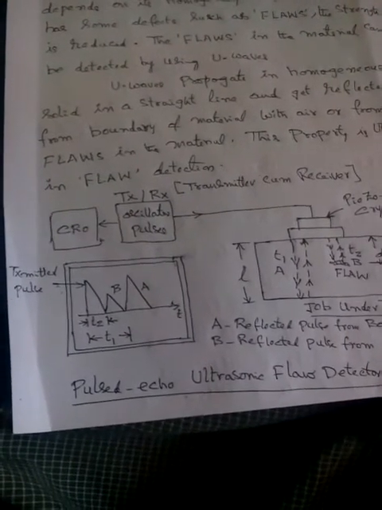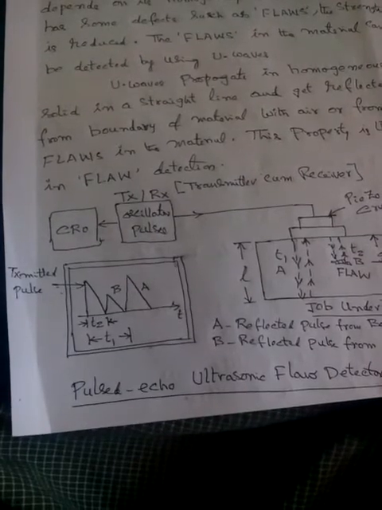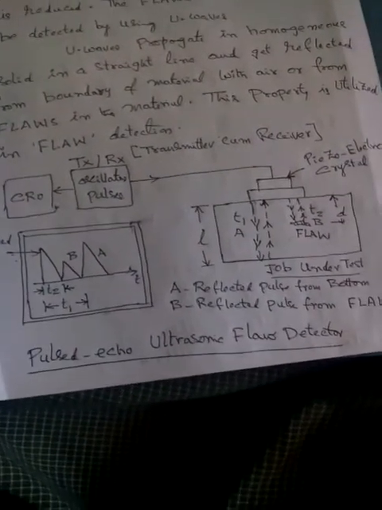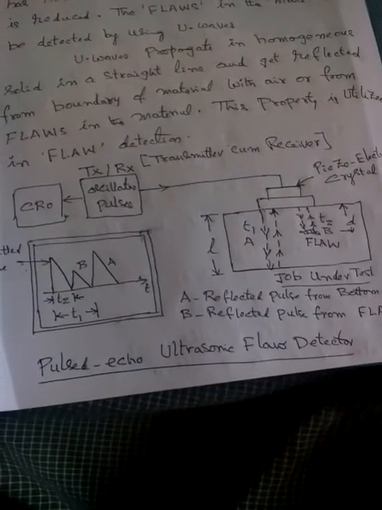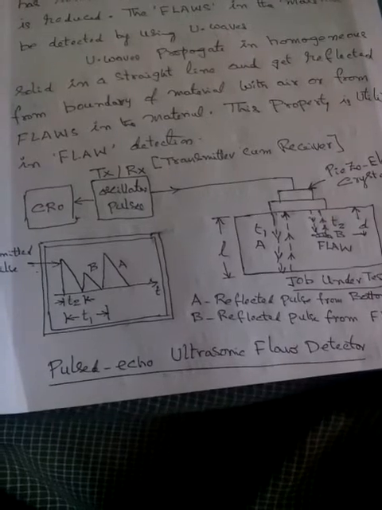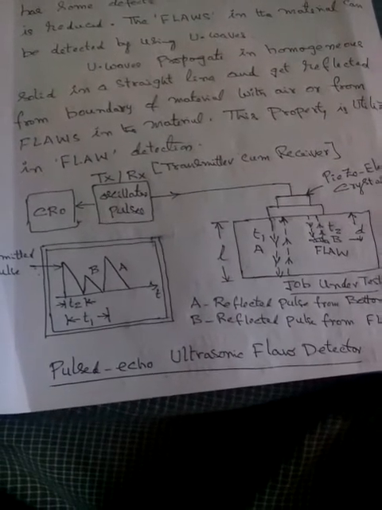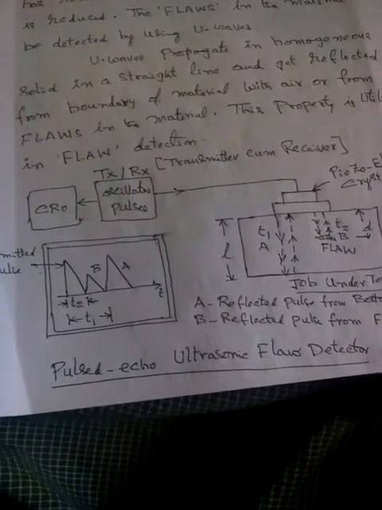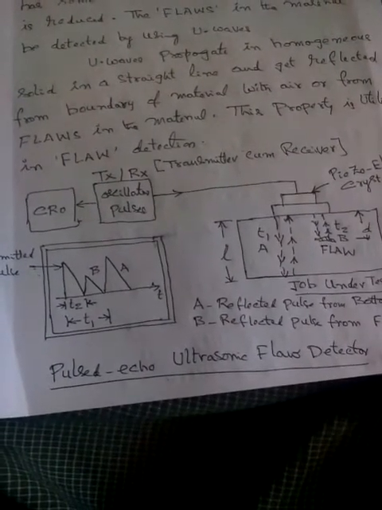That is case A. It takes time T1. If there is a defect on the right side in the job under test, a flaw, it gets reflected from that defect point. That is case B, where it takes less time, T2.